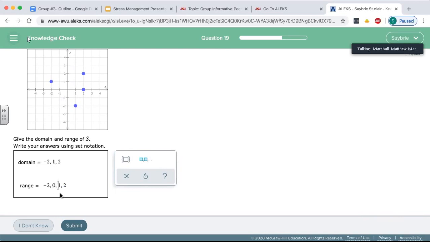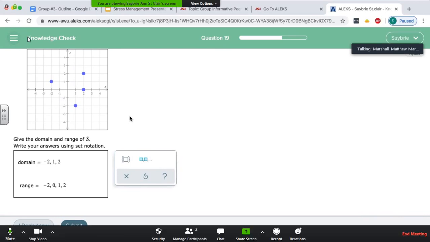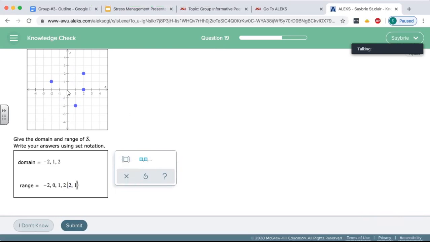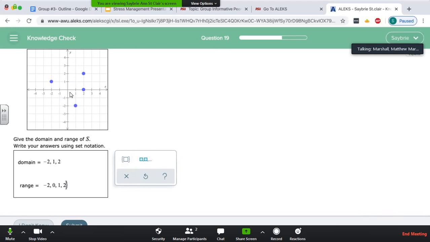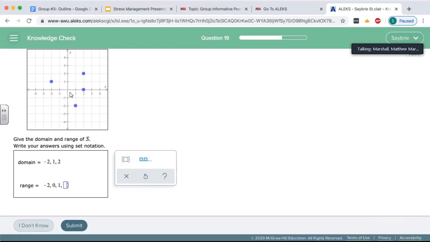Ooh, this wants set notation. I think that's it. I don't know what that other button does, that little bracket button. Oh, you know what? Erase all those, and we got to put those answers in those brackets, because that's the set notation.